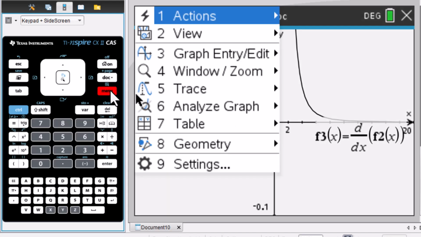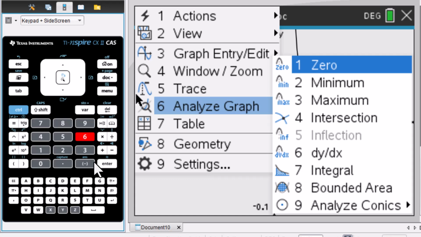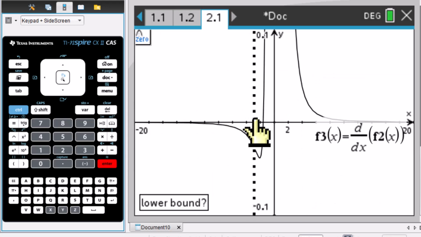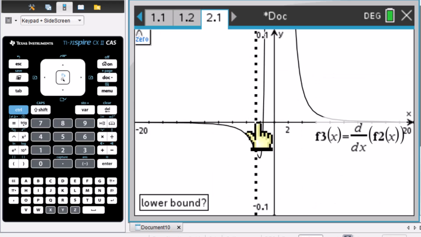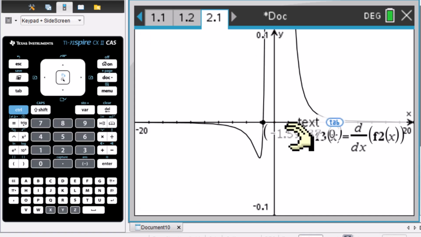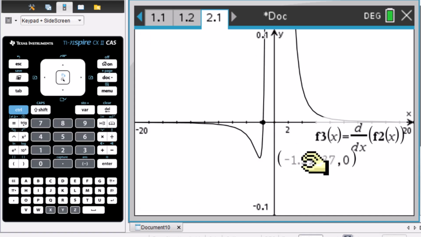Go to menu, 6, 0. You are given this -1.60 as a 3 significant figure answer.